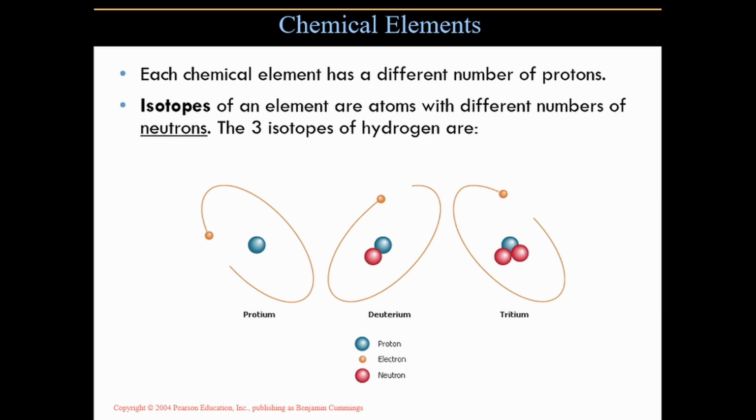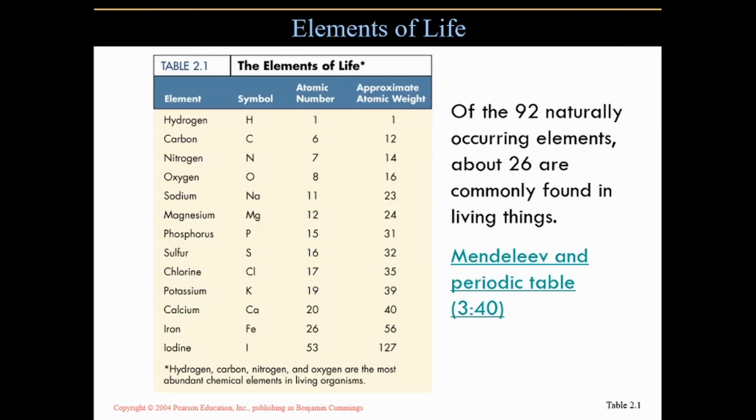So anyway, those are called isotopes. They differ in their number of neutrons. There are 92 naturally occurring elements. If you look at a modern periodic table of the elements, there are 118 elements. 92 of them are naturally occurring, and about 26 are commonly found in living things.